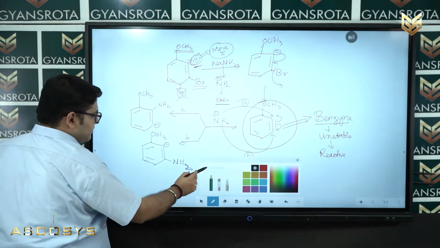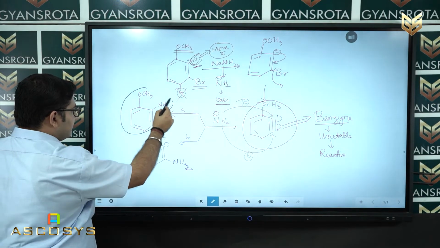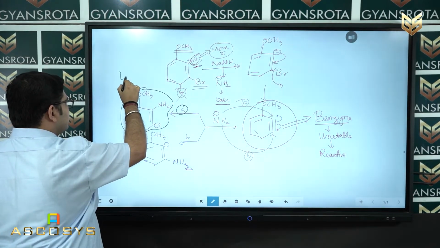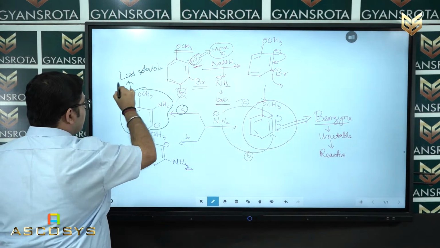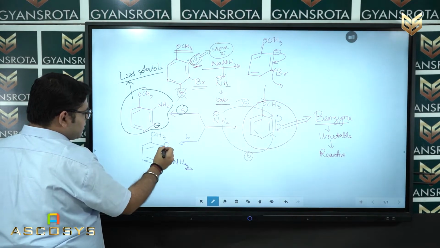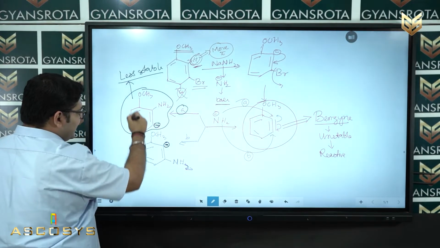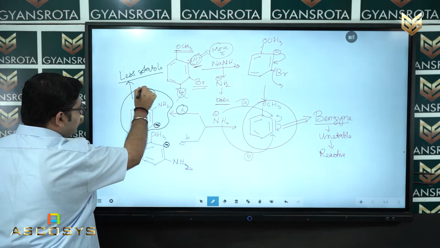Now, if you see this one, the first one, which followed the A pathway, is less stable. Why is it less stable? Because see, if this negative sign is near this electron withdrawing group, then it is highly stable. But in this case, this negative sign is far away from the electron withdrawing group.